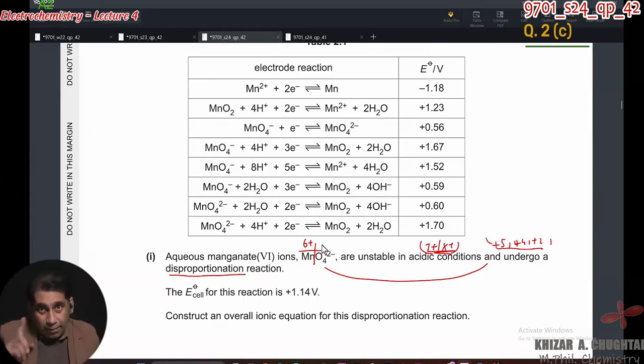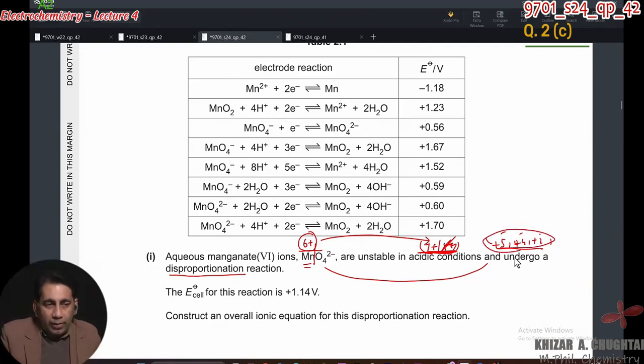So in a single reaction, if a species changes its oxidation state in opposite directions, initially it has a plus 6 oxidation state, and finally at one place it raises its oxidation state to plus 7, and manganese can show a maximum of plus 7, not plus 8, and at another place it may decrease to plus 5, plus 4, plus 3, plus 2, plus 1, and so on.